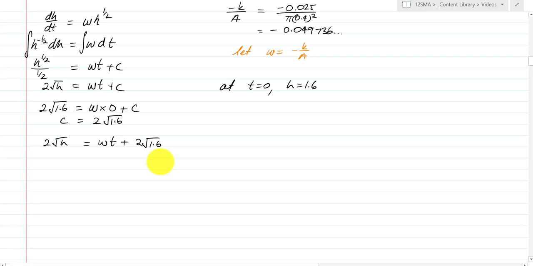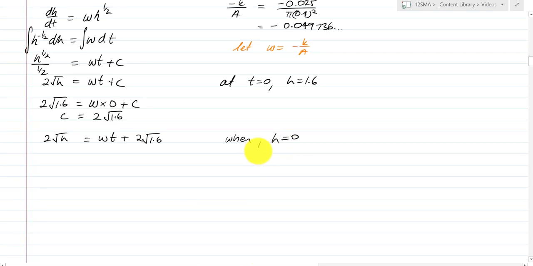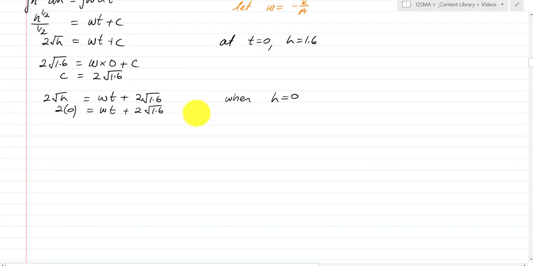Now I want to know, when does h equal 0? And so I put in my h equals 0, I get 2 times 0 equals wt plus 2 root 1.6. And then I could subtract the 2 root 1.6. So I'm a little bit worried, I've got a negative here.